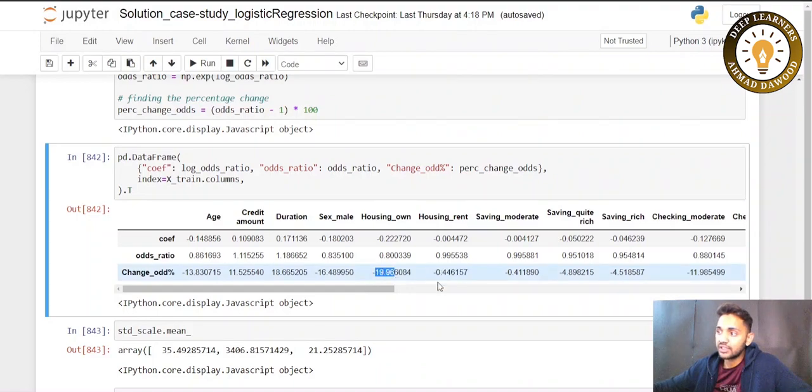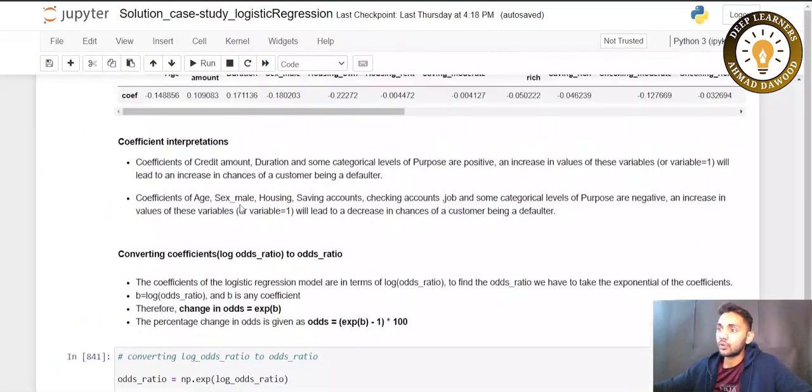In the same way, you can say a 0.41 decrease in odds when a person has a moderate saving account compared to a person who has a little saving account. So in this way we can interpret our coefficients.